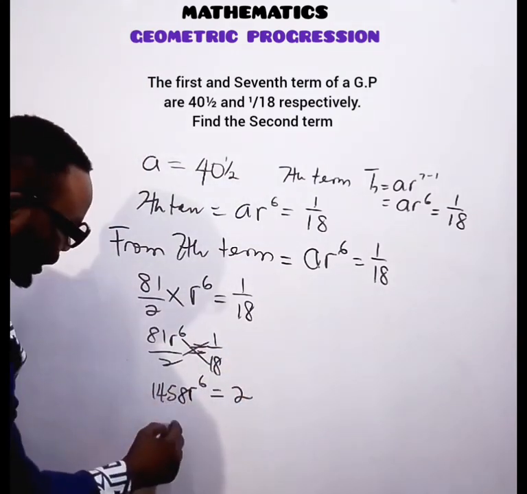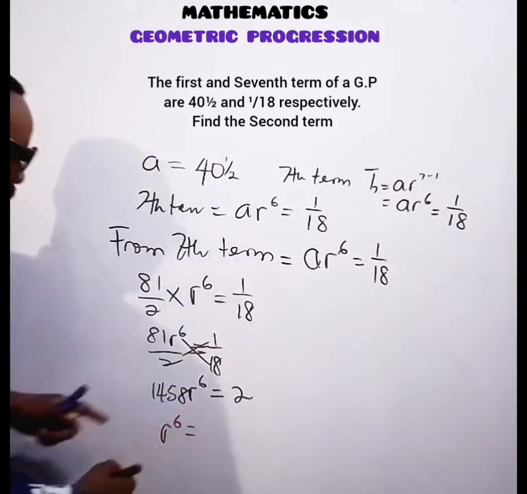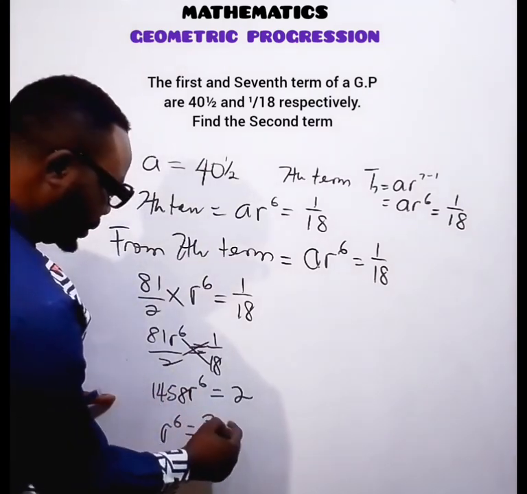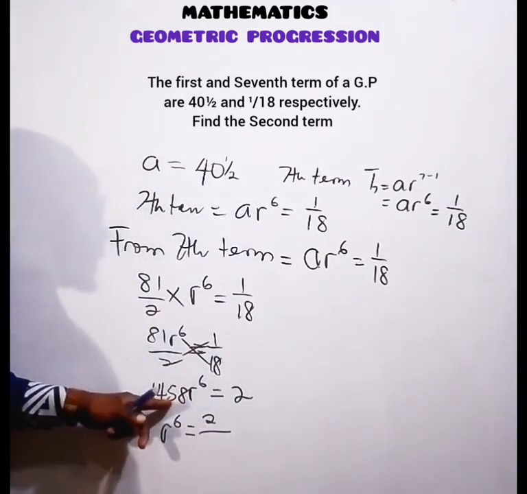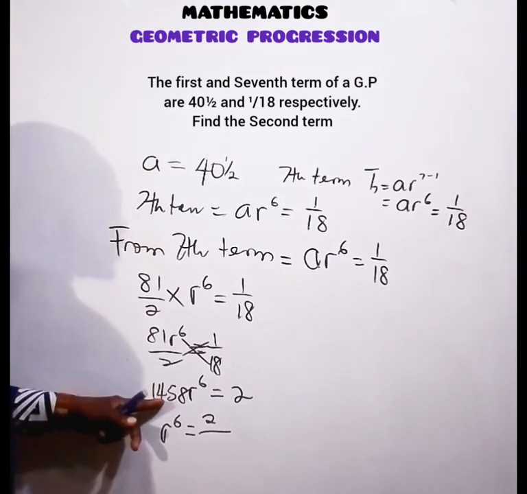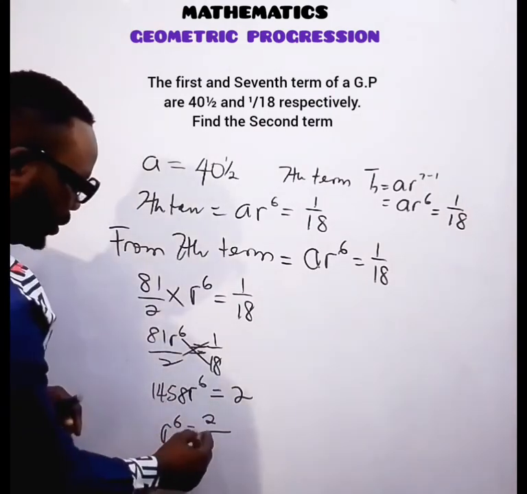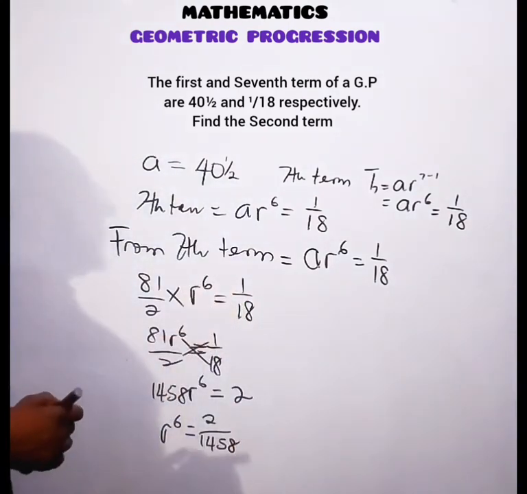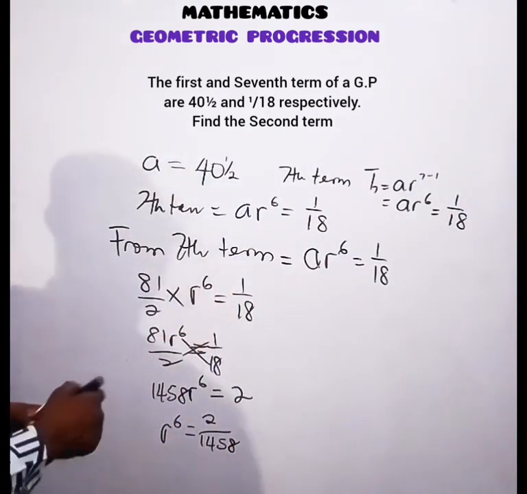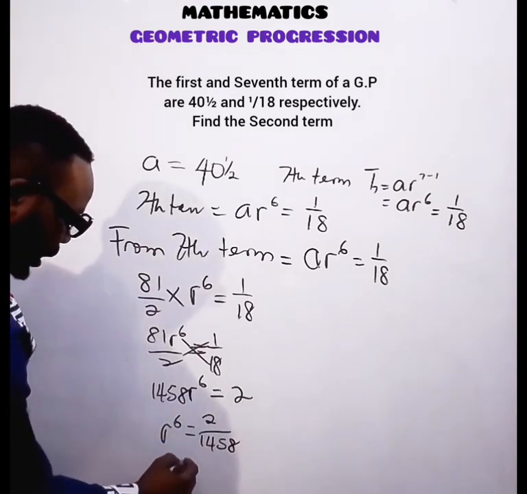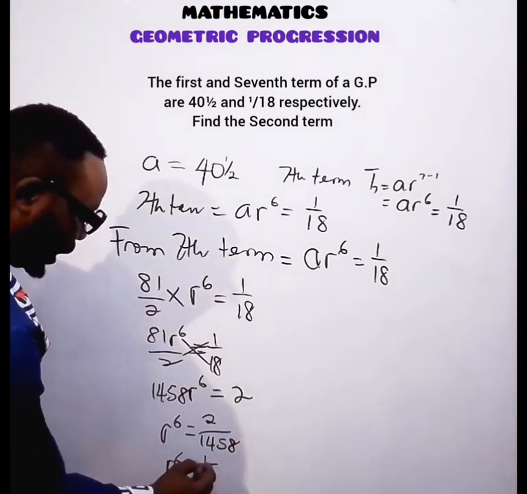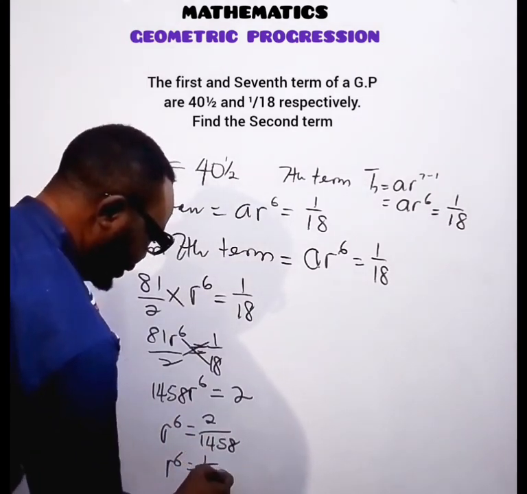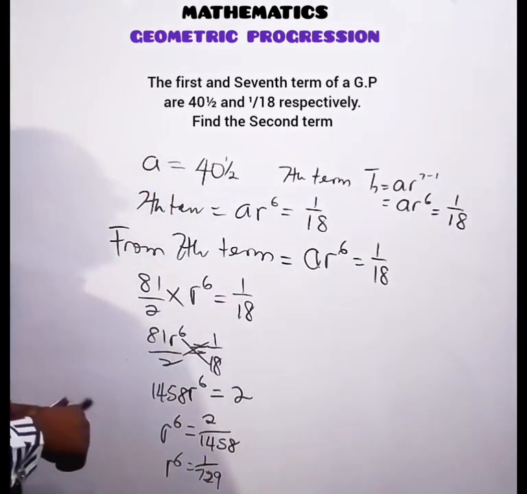Then we divide both sides by the coefficient of r raised to the power of 6, 1458. When we divide 2 by 1458, we get r raised to the power of 6 equal to 1 over 729.